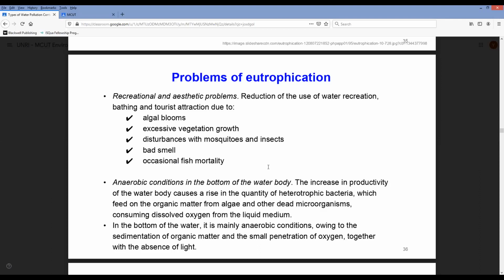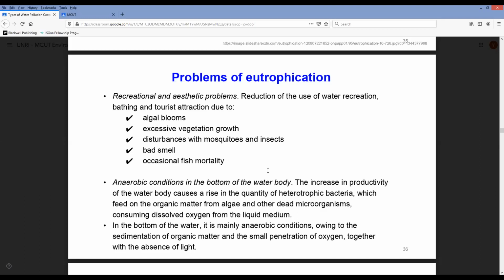And also, with the anaerobic condition at the bottom of the water body, the increase in productivity of the water body causes a rise in the quantity of heterotrophic bacteria, which feed on the organic matter from algae and other dead microorganisms, consuming dissolved oxygen from the liquid media.